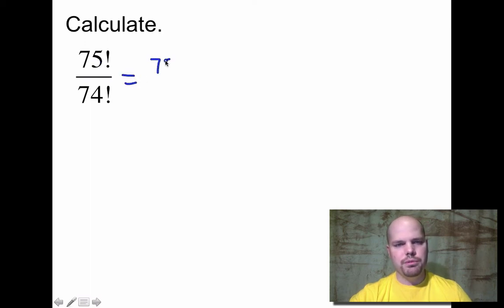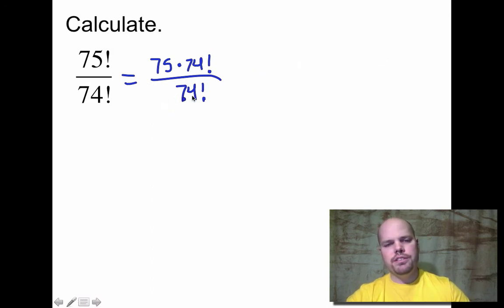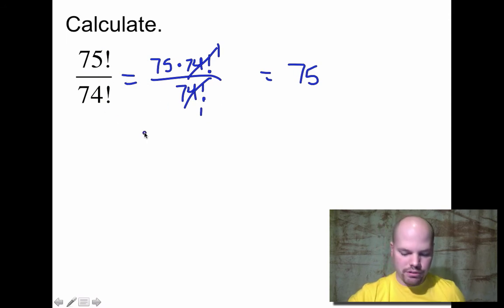This should be a pretty quick answer. 75 factorial would be the same as 75 times 74 all the way down to 1, but it's also the same as 75 times 74 factorial, right? 75 factorial is the same as 75 times 74 factorial divided by 74 factorial. So 74 down to 1, all those factors, and 74 down to 1, all those factors, will cancel out to ones. So 75 over 1, which is 75. Pretty simple answer. You would not need to reach for your calculator for that one.